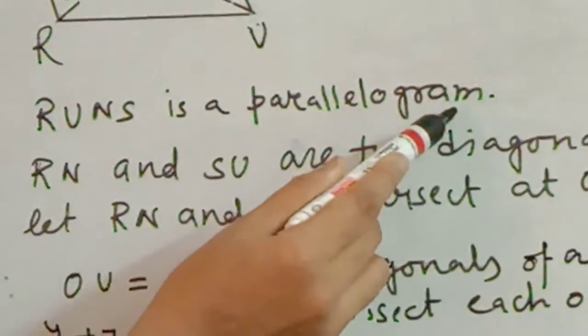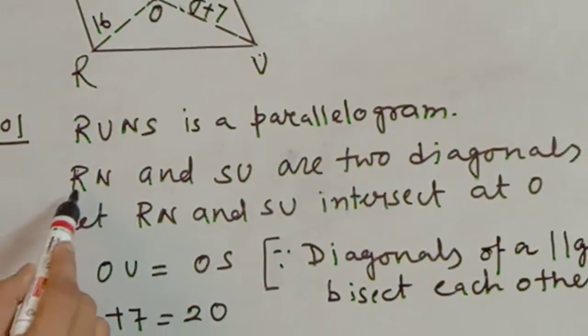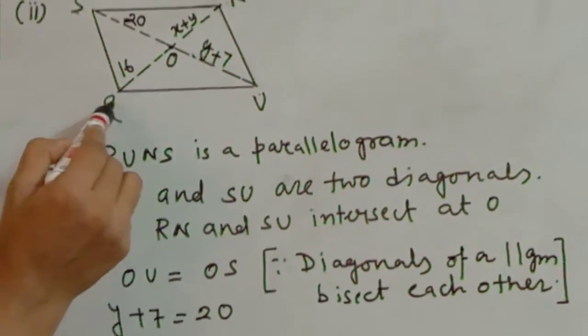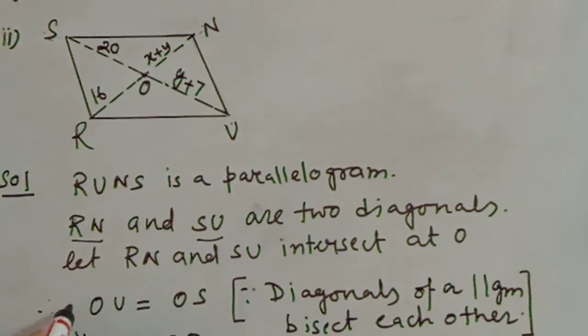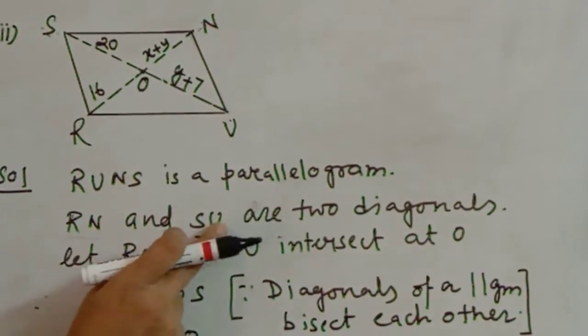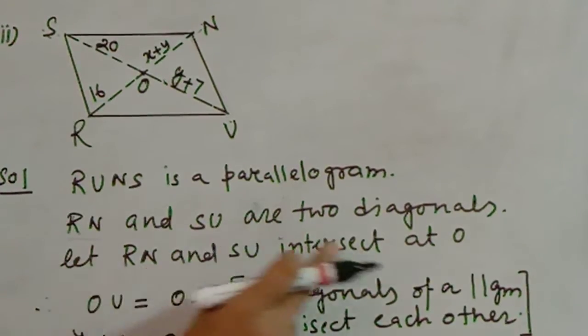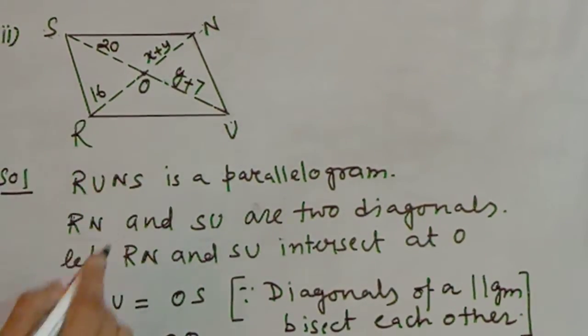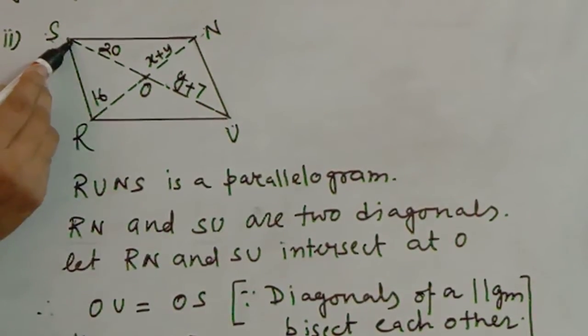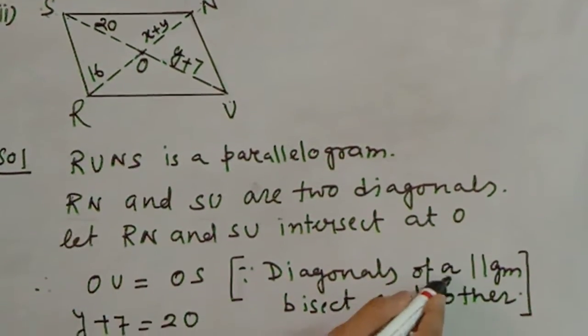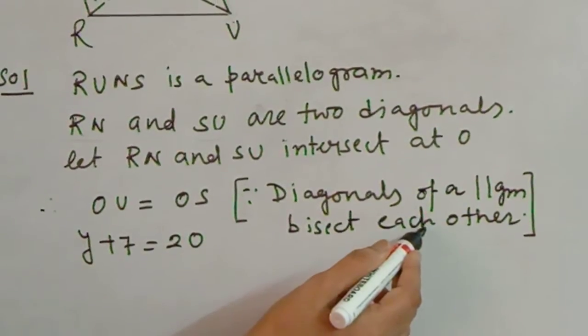RUNS is a parallelogram. It is given. RN and SU are two diagonals. Let RN and SU intersect at O. Therefore, OU is equal to OS, as diagonals of a parallelogram bisect each other.